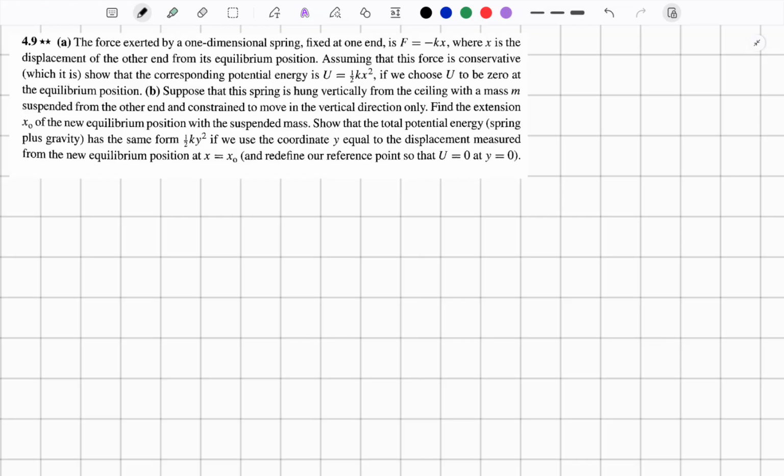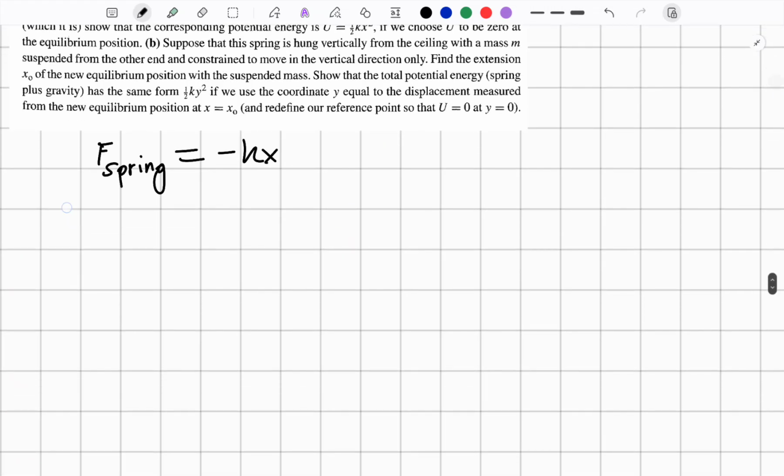So for part A here, we have the force exerted by a one-dimensional spring fixed at one end is going to be negative kx. X is going to be the displacement of the other end from its equilibrium position. So we're going to have something that looks like this.